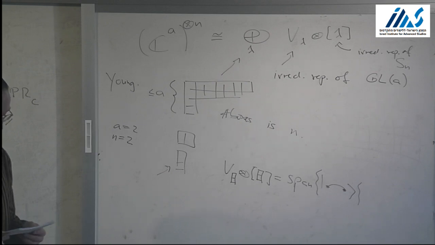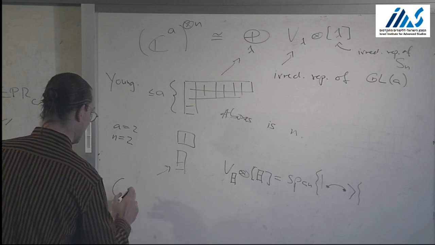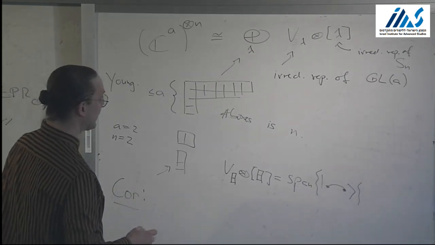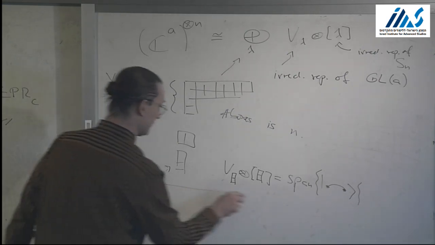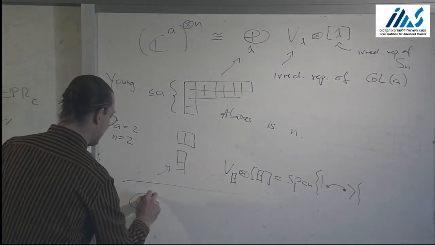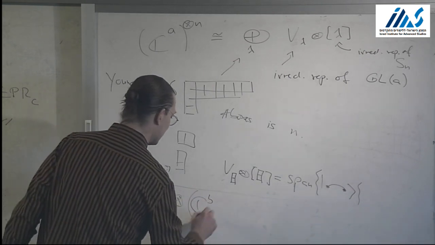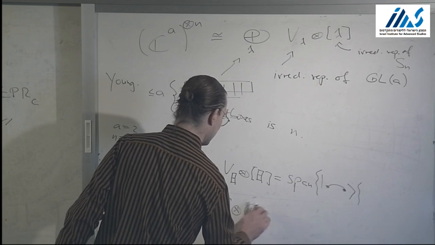All right. And then there's a corollary that I'm just going to write. Maybe I do some more work before I do the corollary. But now we don't have CA tensor n. We actually have CA tensor n, tensor CB tensor n, tensor CC tensor n, right?